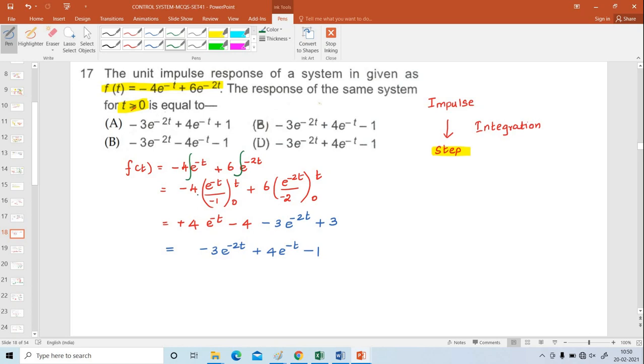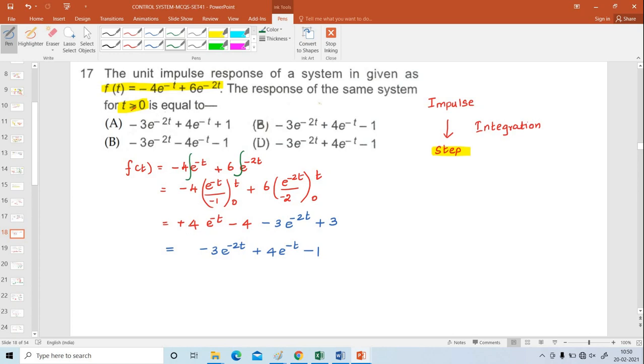So apply the integration, minus 4 into e power minus t divided by minus 1. The limits are 0 to t, plus 6 into e power minus 2t divided by minus 2, the integration limit 0 to t.